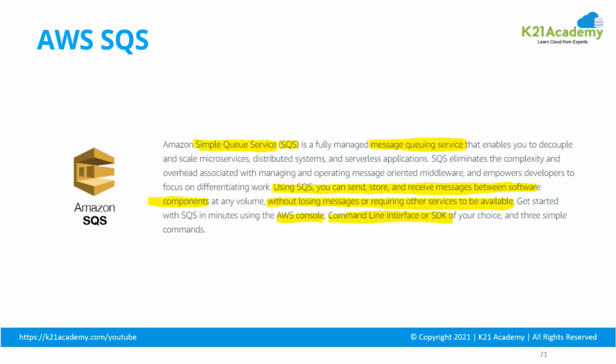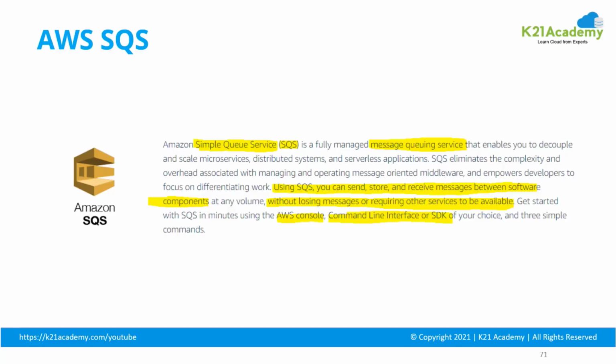So Simple Queue Service is a fully managed queue service that enables you to decouple and scale microservices, distributed systems, and serverless applications. Using the queue service, you can send, store, and receive messages between different components without having to worry about losing any messages, or availability, or any other scalability requirement.